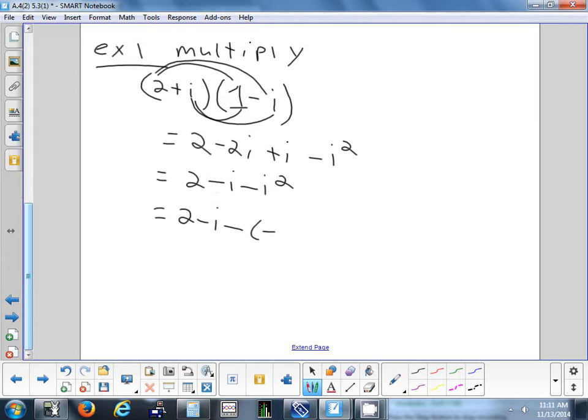Negative 1. Okay, so we have a minus from up above, and then we changed i squared to negative 1. So that's going to become 2 minus i plus 1, because we're subtracting a negative. And now I have one more like term I can combine. 2 plus 1 is 3 minus i.